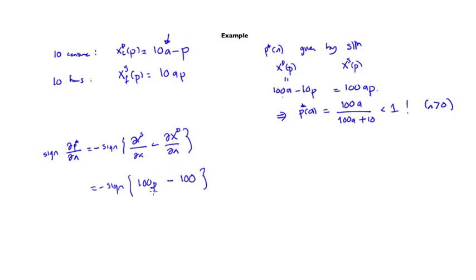Okay? But we know that P is less than 1, so that means that this term is going to be less than 0, and together this implies that the sign is positive, because this is negative, minus times negative gives you a positive sign. So we know that in this particular example, when we increase A, we are going to have an increase in the equilibrium price.